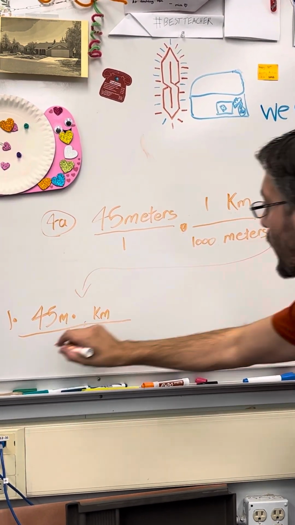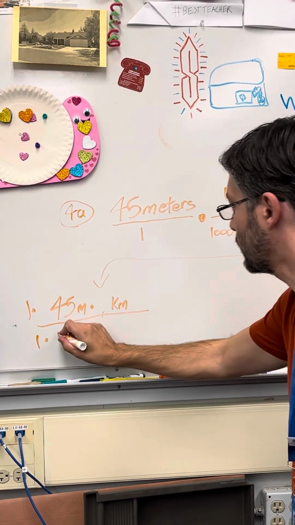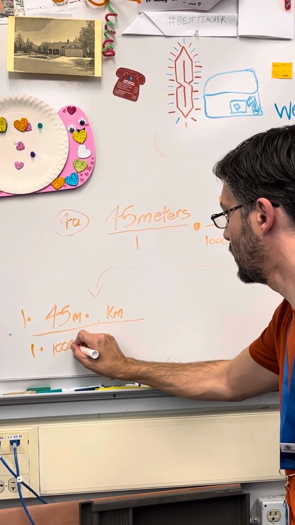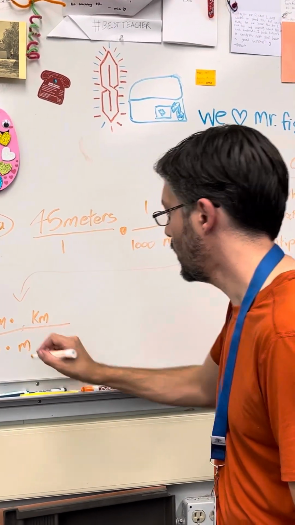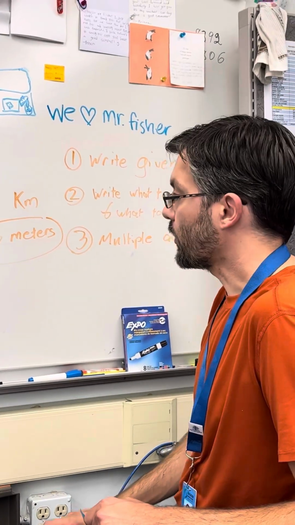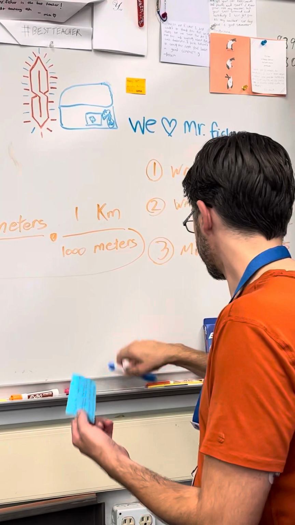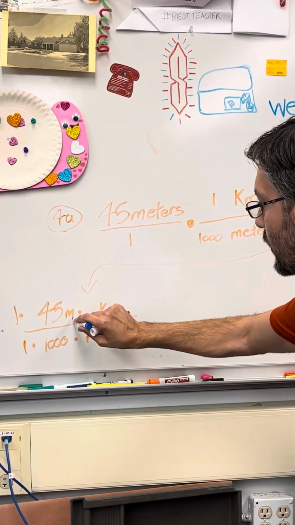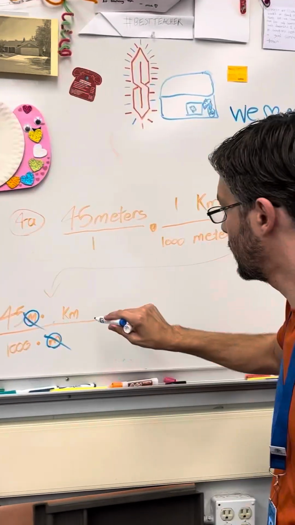Same for the bottom. We have a 1, and we multiply it by 1,000, and then we multiply by meters. But like I was saying earlier, what do we want to get rid of? We want to get rid of the meters and keep the kilometers. So we have meters on top, we have meters on the bottom, gone. What are we keeping?